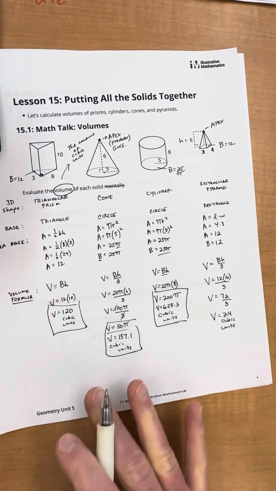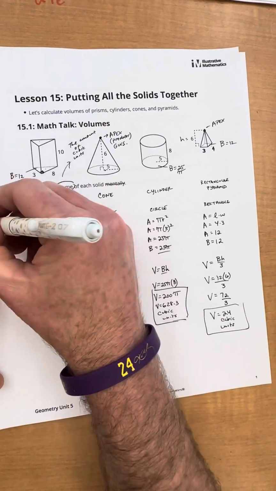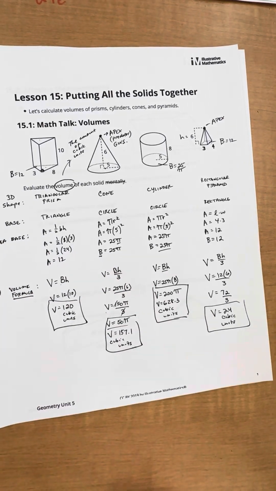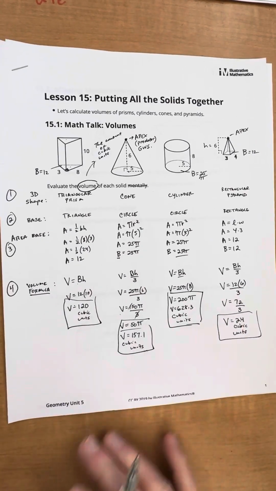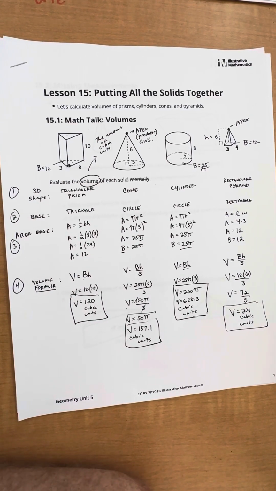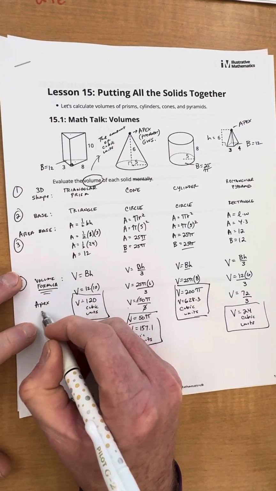And I recommend on all of these, do something like this. So go 1, 2, 3, and 4. 3D shape, identify it. Identify your base. Compute the area of the base, and then do the volume formula. And the volume formula is so easy. You just got to ask yourself, apex or no apex?